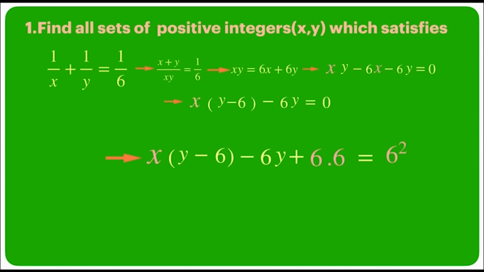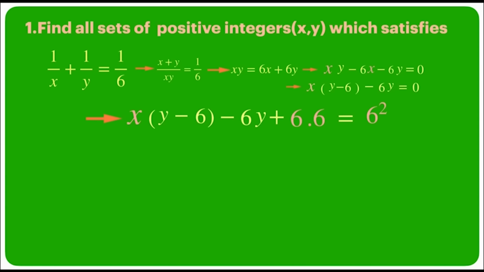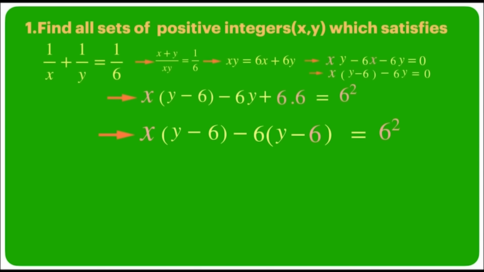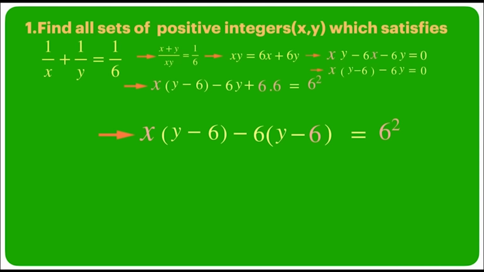And so easily we can take the common factor and factorize it. Y minus 6 will be the common factor from the algebraic expression attached with xy, isn't it? Just see how y minus 6 is taken as the common factor here.